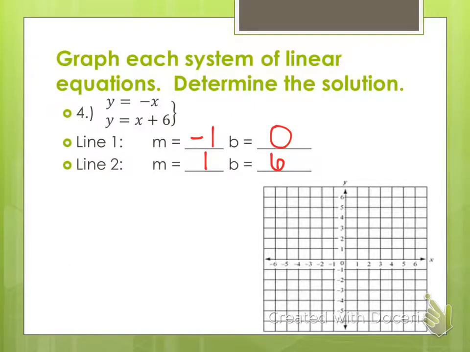All right, so we have our M and B for both of these lines. So we start graphing them. My first point for line 1 is going to go. Anybody? Keon? 0, 0. It's at the origin. My slope is -1. To write it as a fraction, we could put it over 1. So where am I going to go?